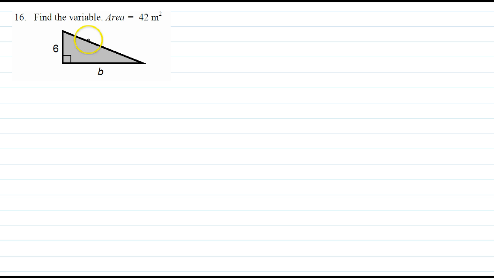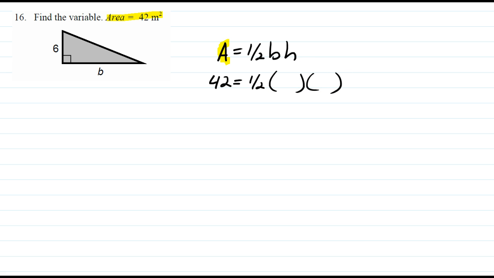Right, for 16, it's telling us that the area is 42, and we want to find what B is. So we look at the shape. It's a triangle, so we write down our formula for the area of a triangle. They tell us that the area is 42, so we're going to put a 42 on the left side. 1/2, and so we just need two numbers.